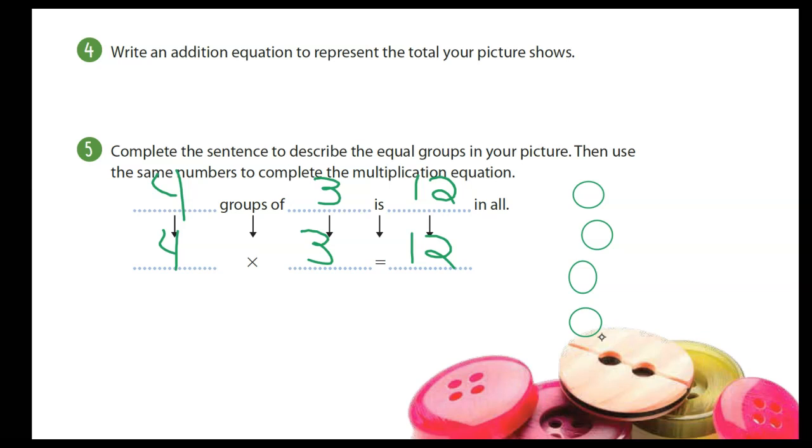And then how many columns? 3. And that's it. That would be my array. Did it ask me to do this? No, it didn't. But this is just another strategy I could use to multiply 3 times 4, or 4 times 3 in this case.